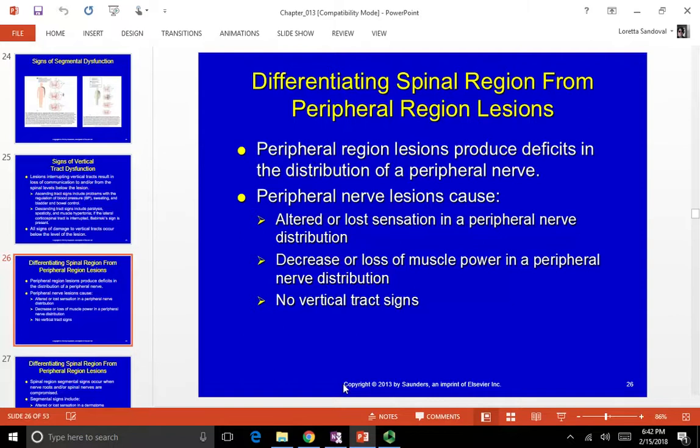Peripheral nerve lesions cause altered or lost sensation in a peripheral nerve distribution, and decrease or loss of muscle power in a peripheral nerve distribution, and no vertical tract signs, meaning no signs below the level of the lesion. So that's differentiating between a dermatomal or myotomal distribution, a peripheral nerve distribution, or a vertical tract distribution. That is one of the ways to tell the difference between these different lesions.